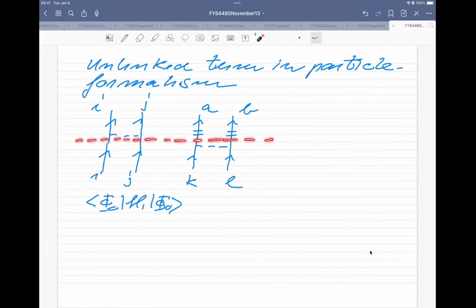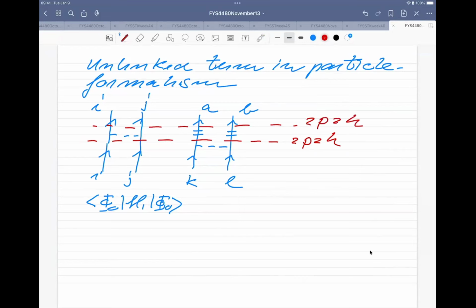So we have two states above the Fermi level and two below. We are just writing this in its full glory in the particle formalism with respect to the true vacuum. But if we now single out these lines here, you see that this one is okay because it's a two-particle, two-hole state. And then if I look at this one, this is also okay because it's a two-particle, two-hole state.